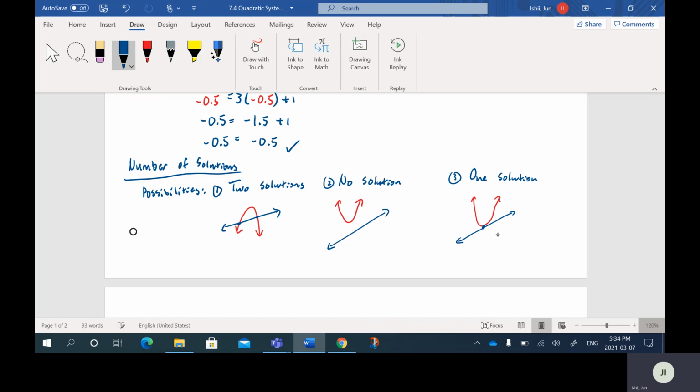So it just touches that one point. Now this line here has a special name. It's called a tangent. So a tangent is a line that touches, but does not cross, the parabola. So this is also a possibility to have just one solution.